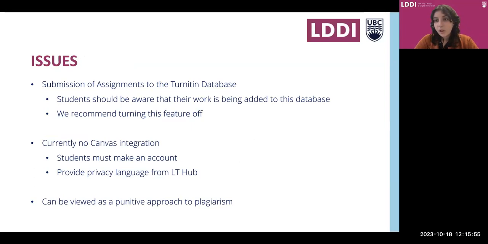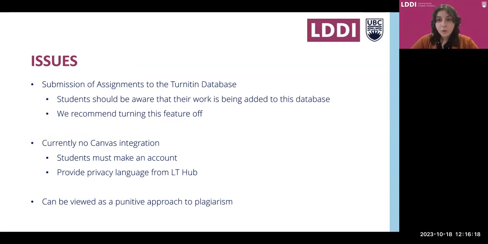And so the big issue that I think we see is the submission of assignments to this database. As Chris mentioned, there is this enormous database with millions of papers based on not just what Turnitin has found online on the internet or through journals, but also through submissions from students.